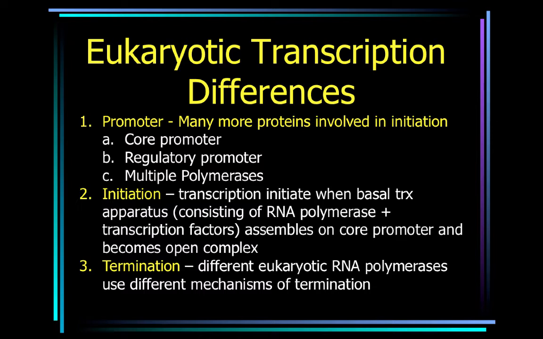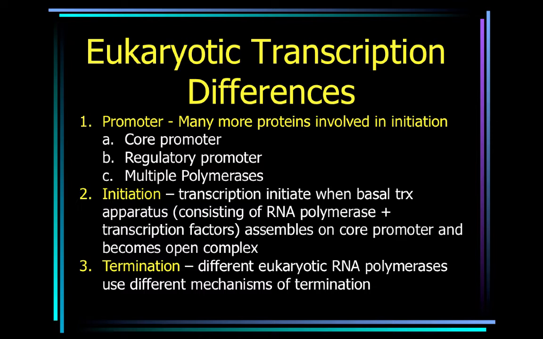So first of all, the promoter region in eukaryotic systems is going to have a lot more proteins involved in the initiation complex. So we talked about sigma being the main subunit that contributes to the holoenzyme.